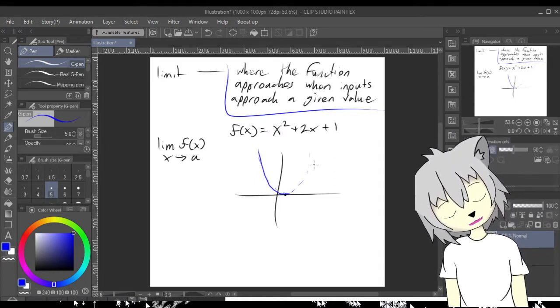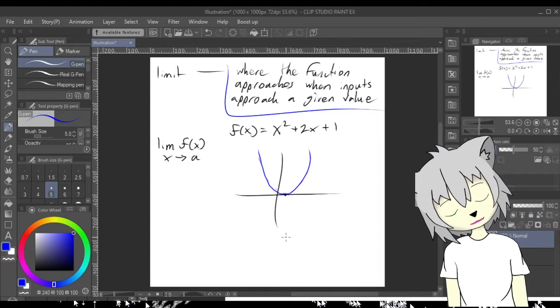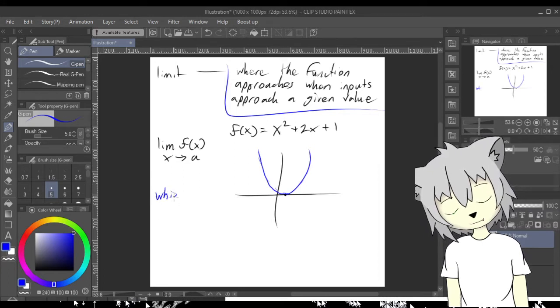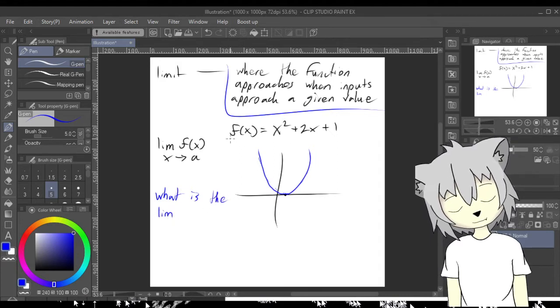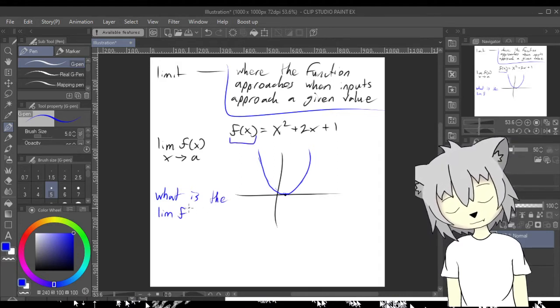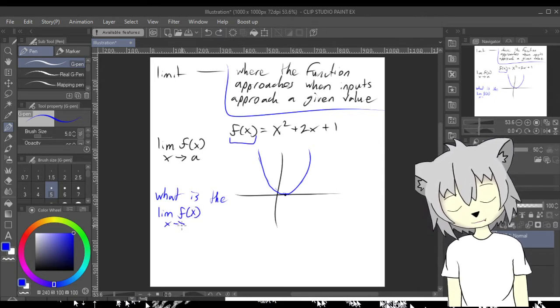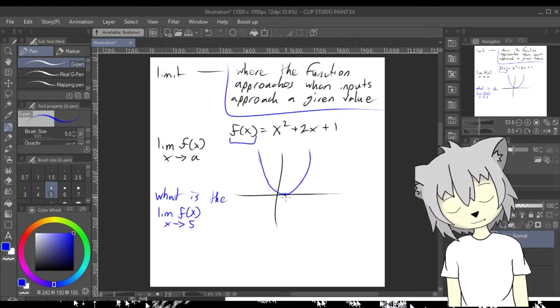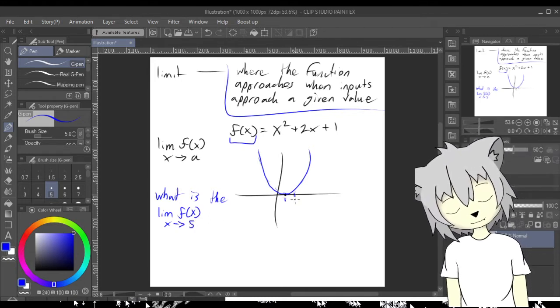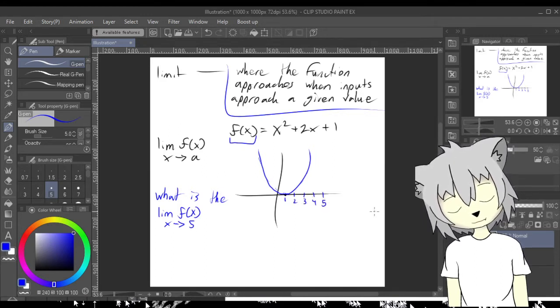Basically, if I were to ask what is the limit of f of x as x approaches 5, 1, 2, 3, 4, 5.